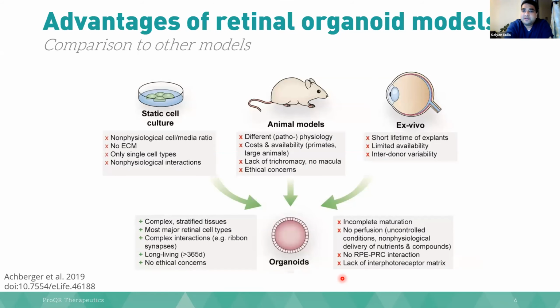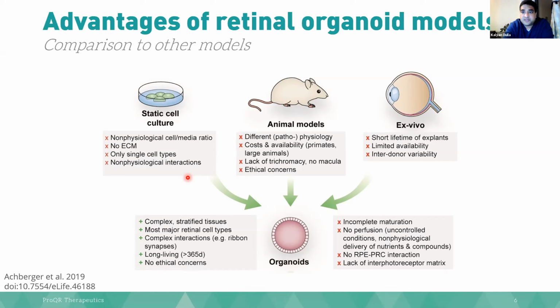Now let's have a quick look into how retinal organoids compare to other model systems. Cell models are commonly used in research. However, a few caveats are they lack the extracellular matrix, contain only a single cell type, and have no physiological interactions.